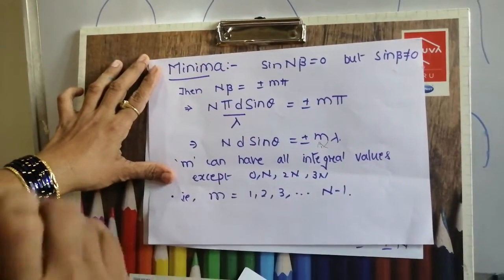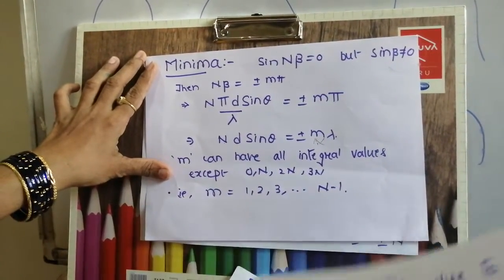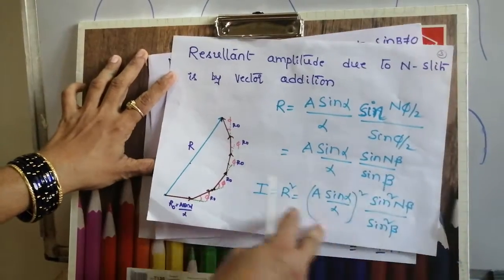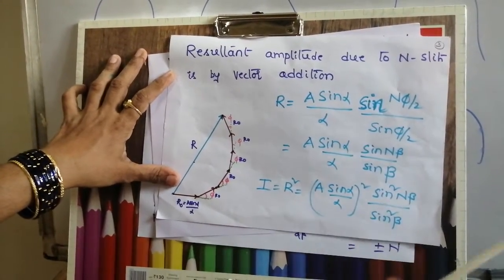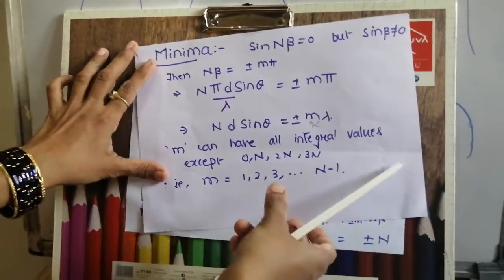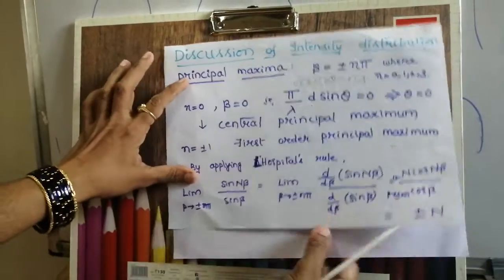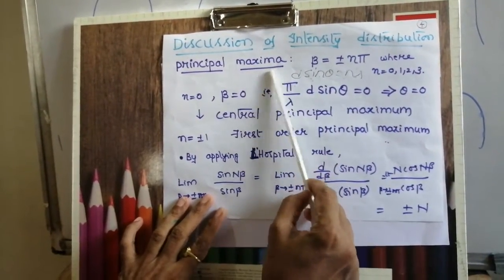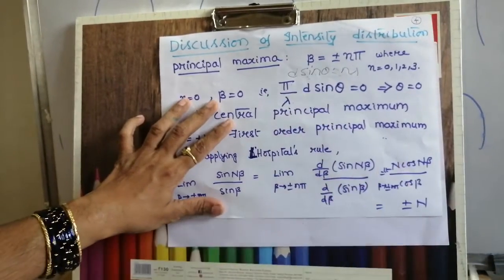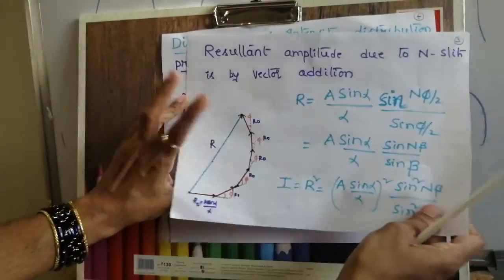To discuss the intensity distribution, we have to know where maxima occur and where minima occur. Principal maxima: principal maxima means the amplitude is maximum.